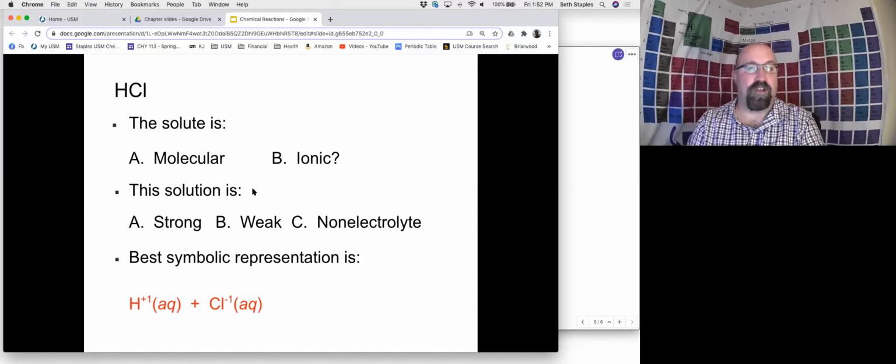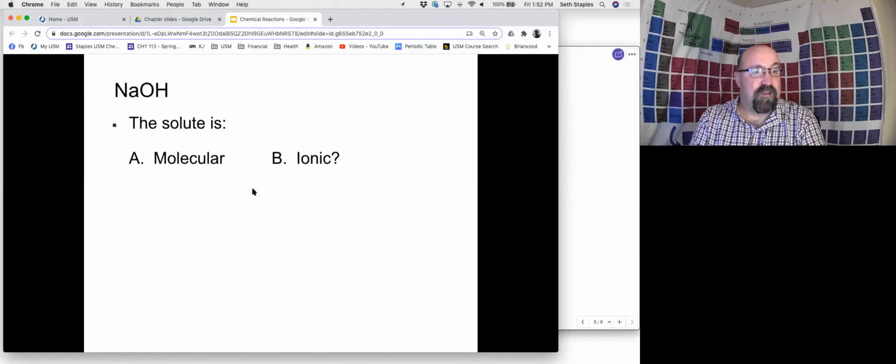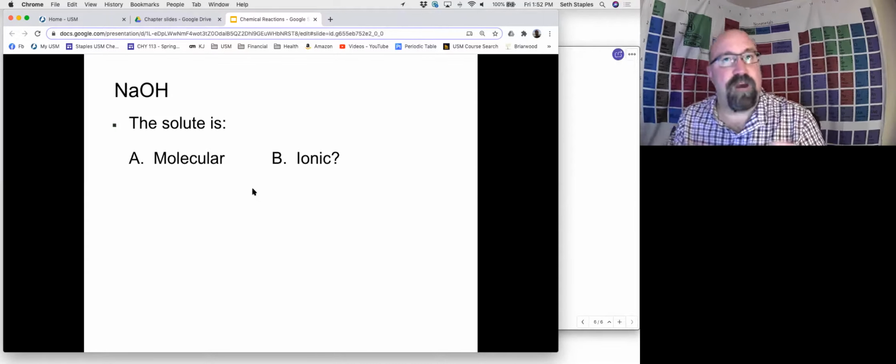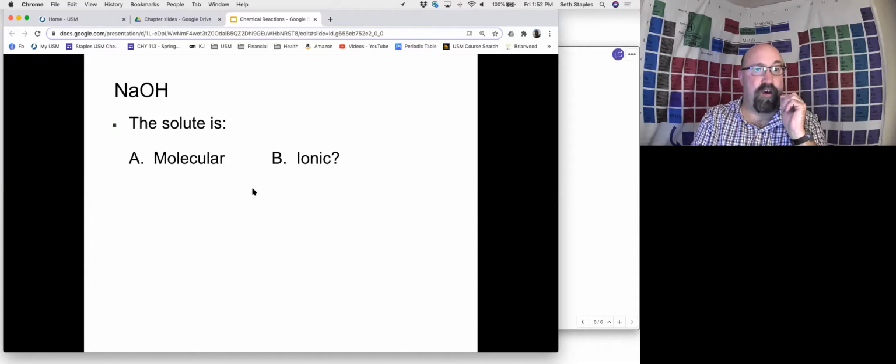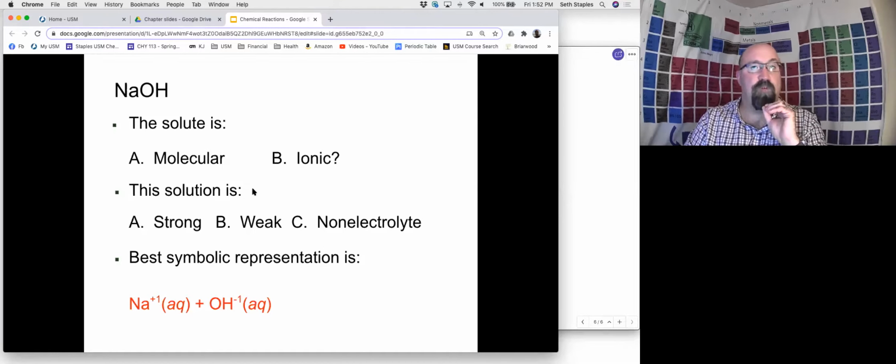So since it's a strong electrolyte, we represent it as breaking up into ions. NaOH, ionic, right? Because we have our sodium ion and our hydroxide ion. Yet another illustration of why it's important to memorize your polyatomic ions. OH is our hydroxide ion. So this is going to be a strong electrolyte, and we would represent it as the ions breaking apart in solution.